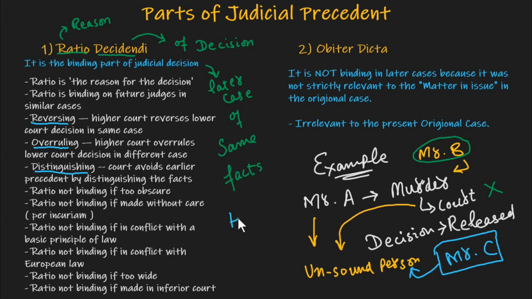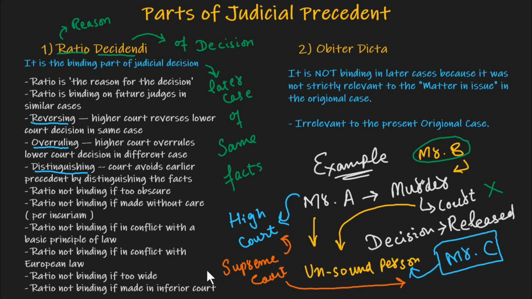For example, this decision was made by the High Court, in which the court released Mr. A, but the higher court or Supreme Court may order to imprison Mr. C by reversing the decision of the High Court.